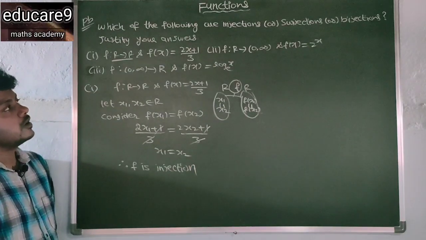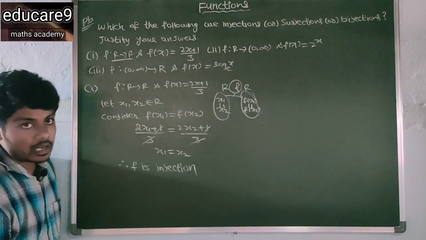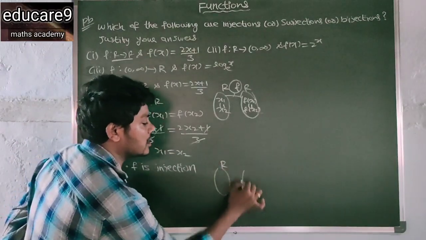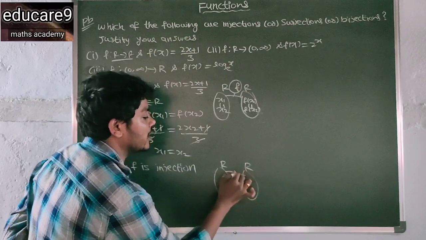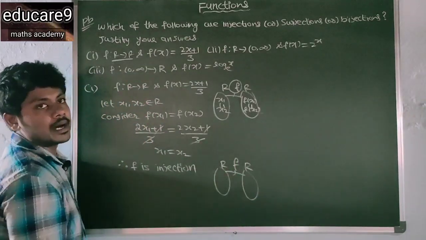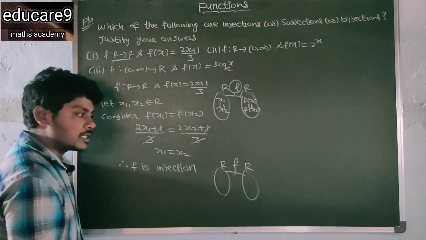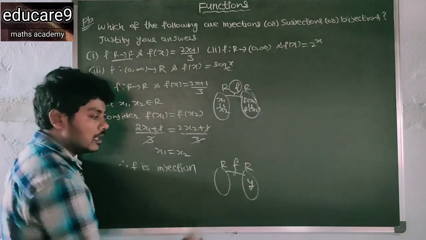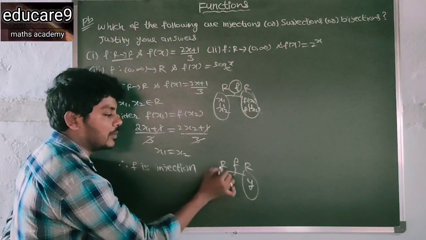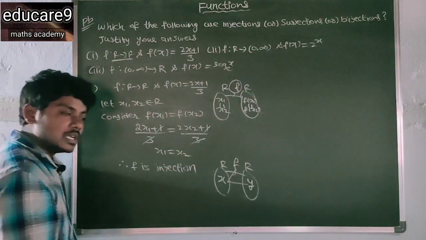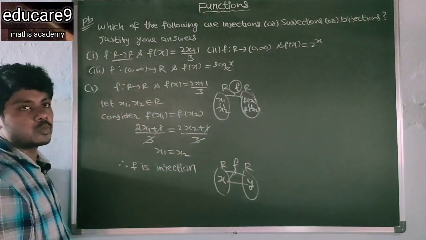Next, is it surjection or not? For that, see here, the codomain is R and this one is also R, f from R to R. For an onto function, let's take any element in the codomain. Then definitely there exists some element in the domain such that f of x is equal to y. In that case, f is onto.